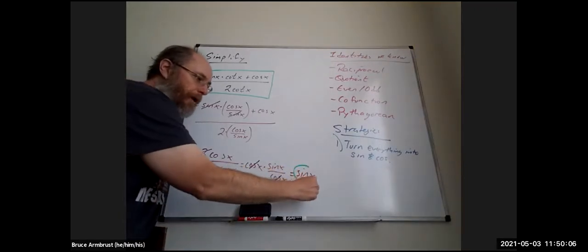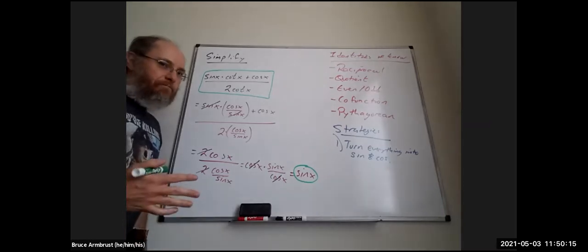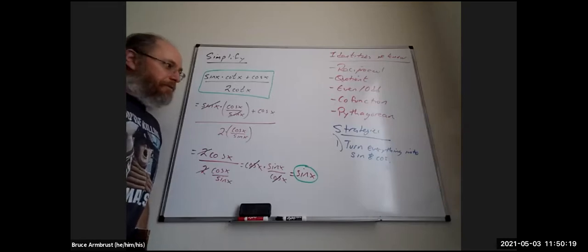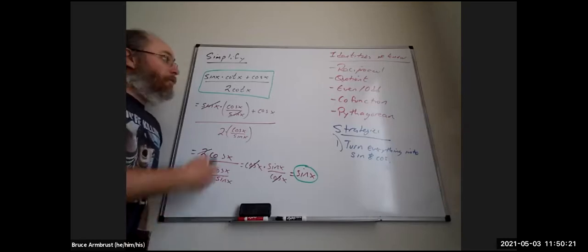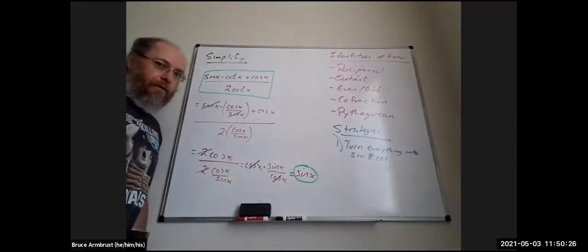And yet we were able to simplify it down to just plain old sine of x. That should make you happy. That should get you kind of excited. We can take horrible, ugly looking things and make them look nice and simple.